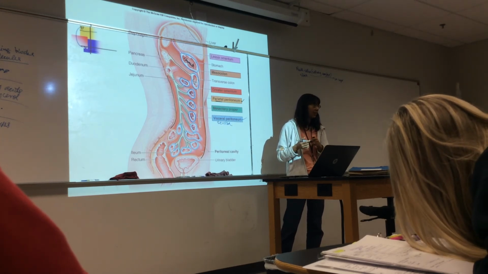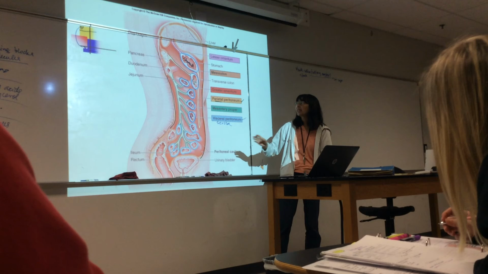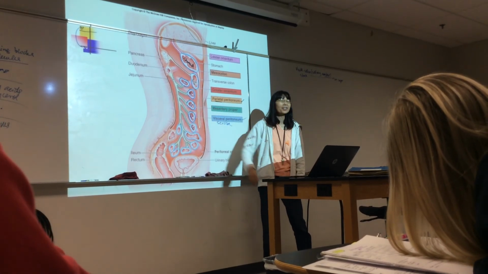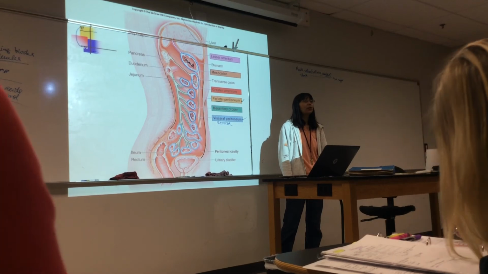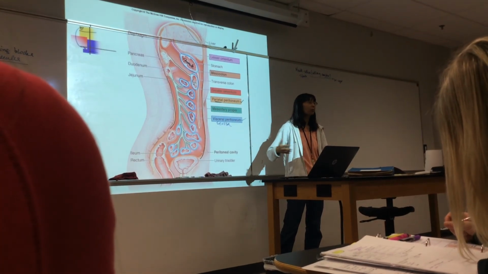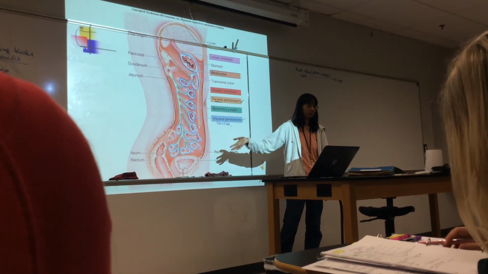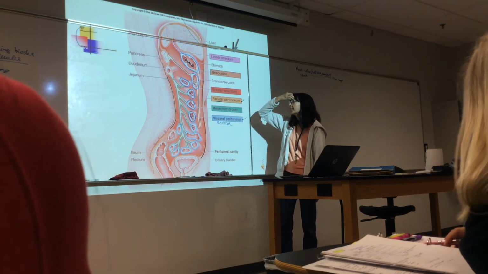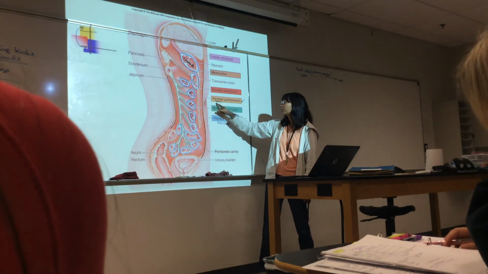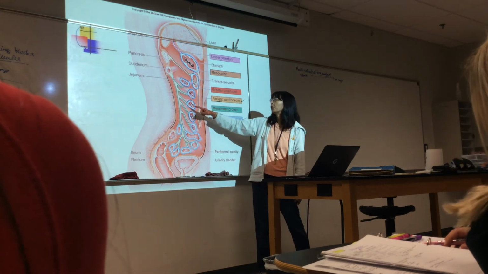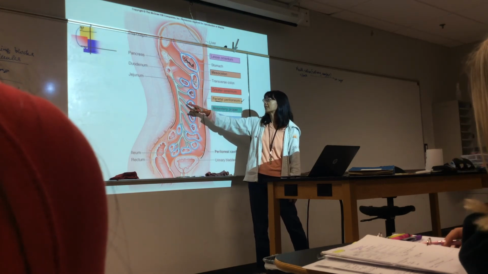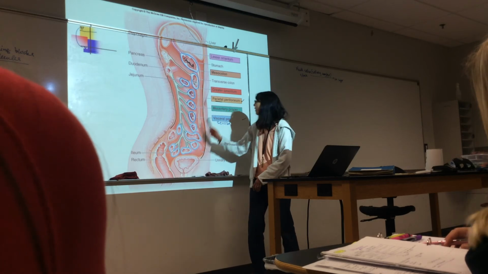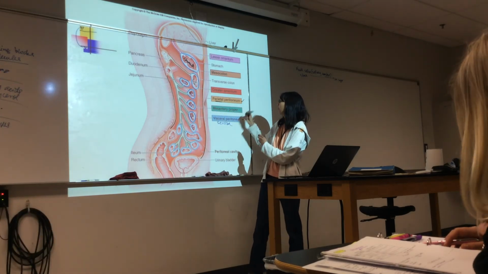Okay, you guys with me? But connecting the visceral and the parietal is another membrane, which has a new name because it only applies to the digestive system. It connects the parietal and the visceral, but it connects the small intestine, which is all the green stuff. And we call that mesentery proper.